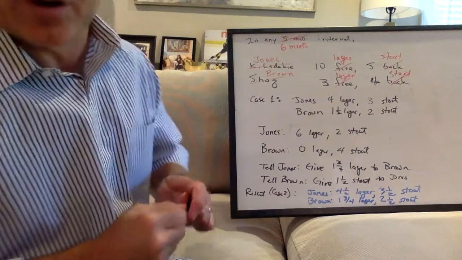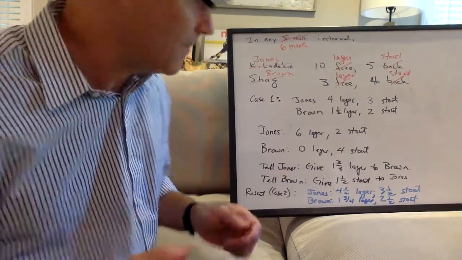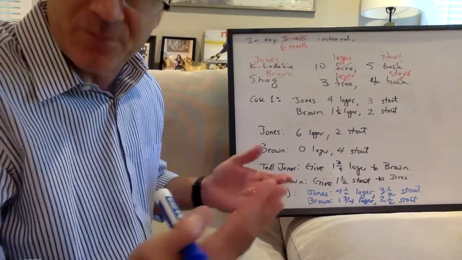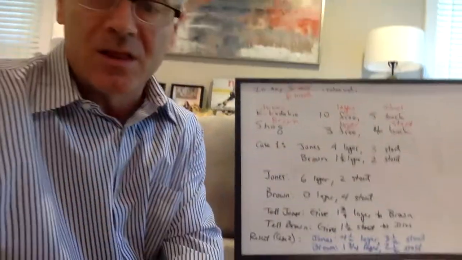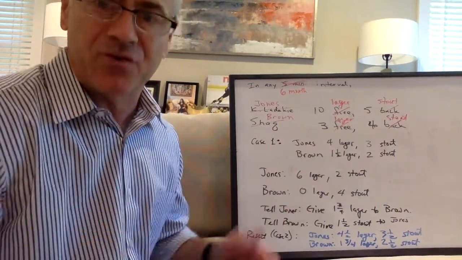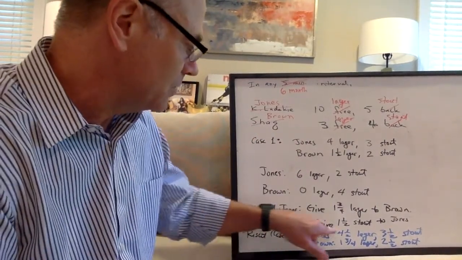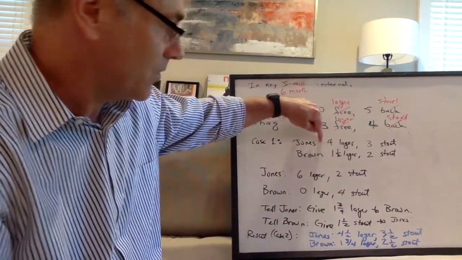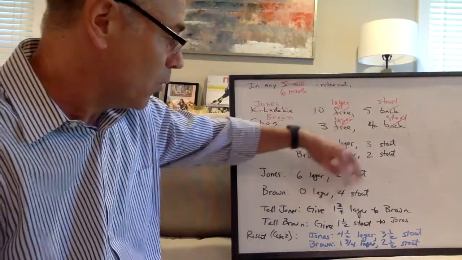And let's make sure this worked, okay? So the result, under this new way of producing and after trading, is Jones has 4 1/4 lager, 3.5 stout, and he strictly prefers that. Note that's more of each.